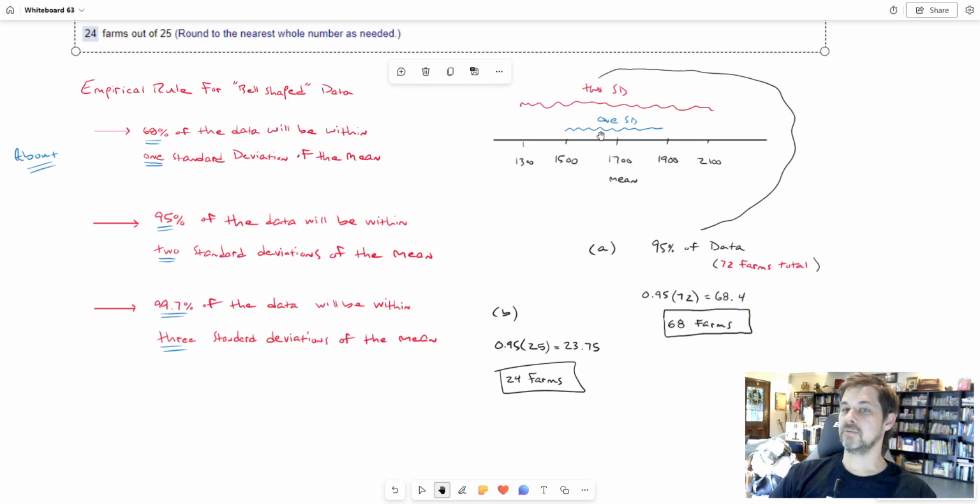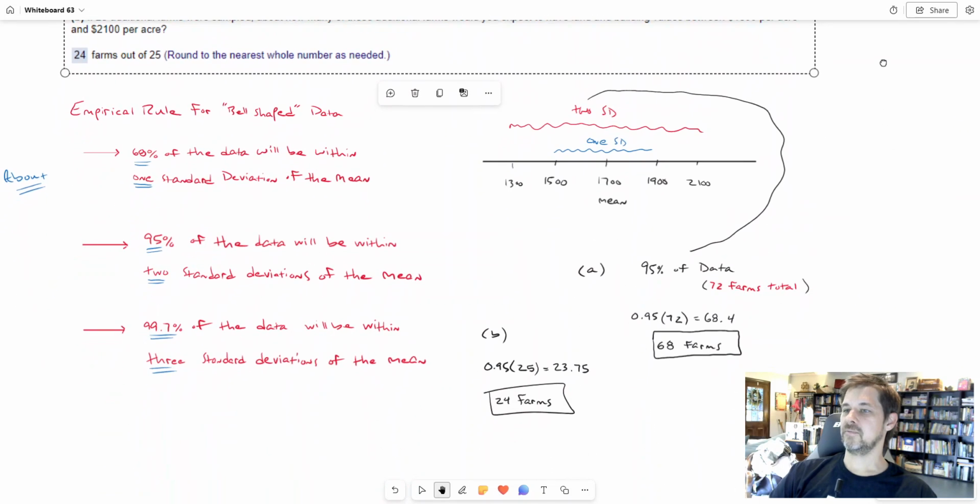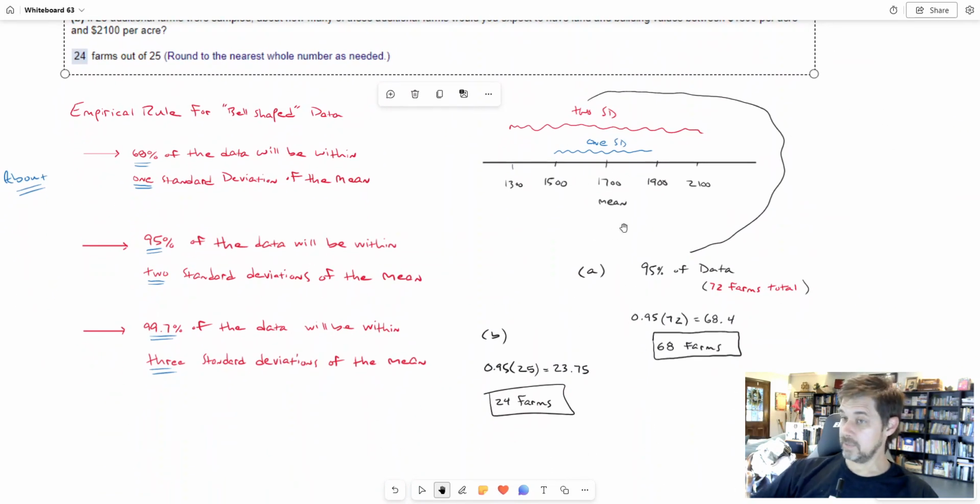The standard deviation is 200, right? So what if I'm at 1,700, which is where the mean is, and I go up 200? That's 1,900. And what if I go down 200? That's 1,500. So the range 1,500 to 1,900 is one standard deviation from the mean.